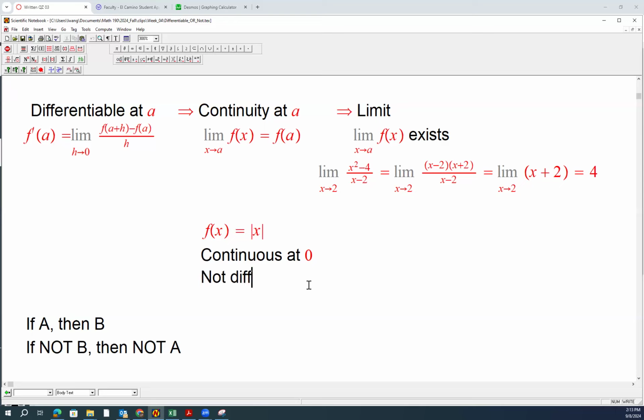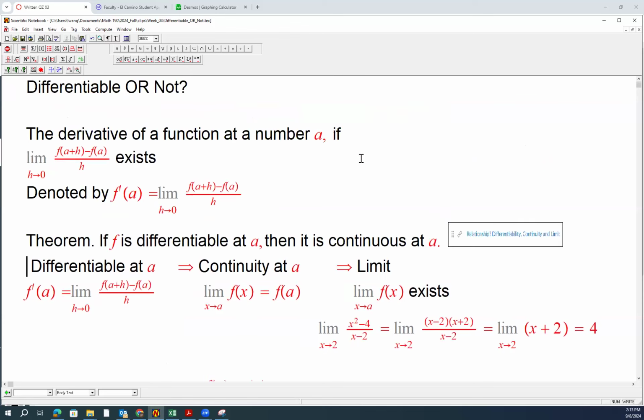We have all these examples in our discussion previously. Here we're just summarizing these examples. But as we move forward, our topic today is how do we determine if a function is differentiable or not? So how do we draw that conclusion?